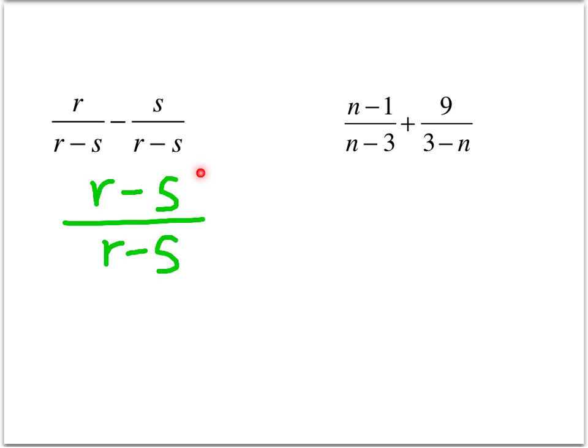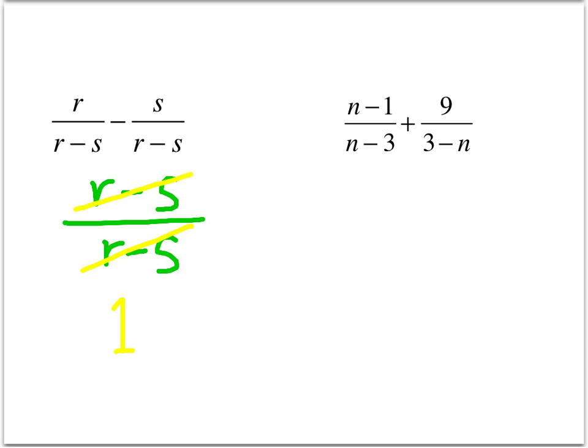Well, I can, because even though there doesn't appear to be any multiplying or dividing, the same binomial is over itself, so I can indeed go ahead and cancel these out like that. And so my final answer then is actually, is it 0 or 1? Yep, you guys know that it should be 1. Same value divided by itself always equals 1.